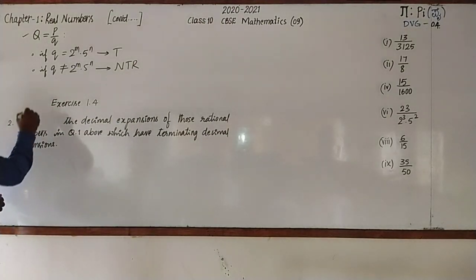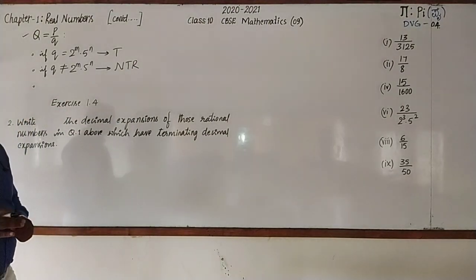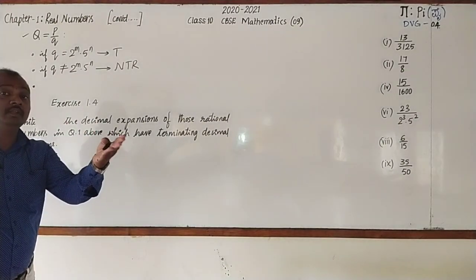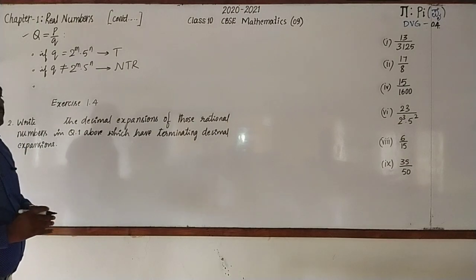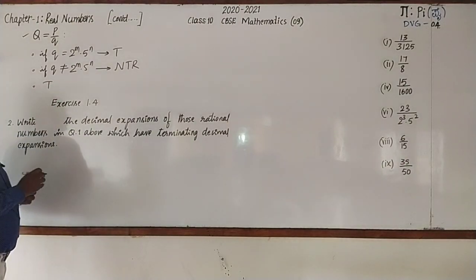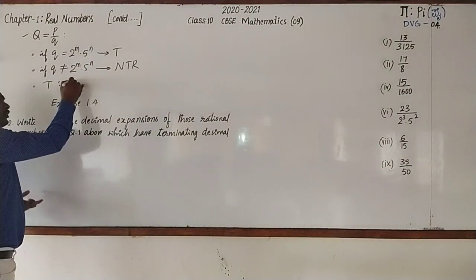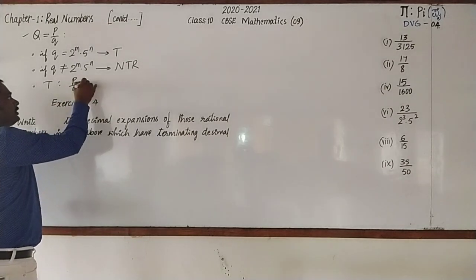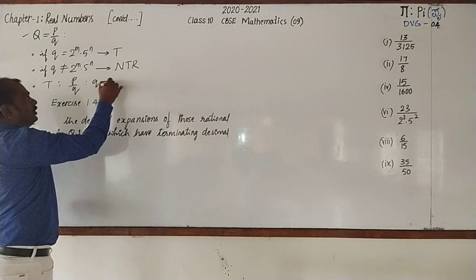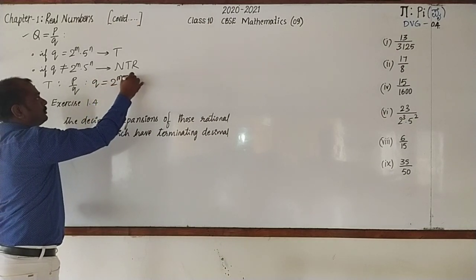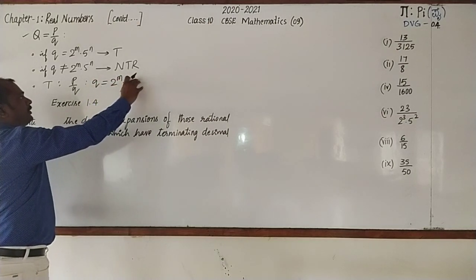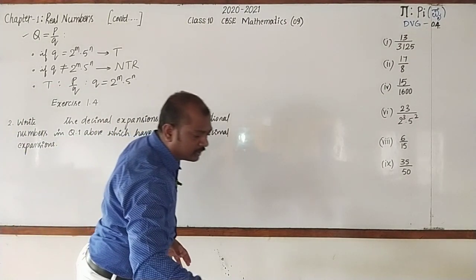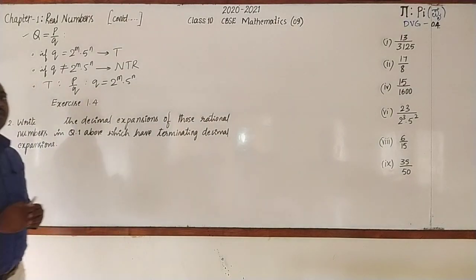And one more point: if the given rational number is not in p by q form but is given in decimal form and it terminates, then of course it can be expressed in p by q form. When you find the prime factorization of q, it will be of the form 2 raised to the power m into 5 raised to the power n. Clear? These are the important points we discussed in yesterday's class.